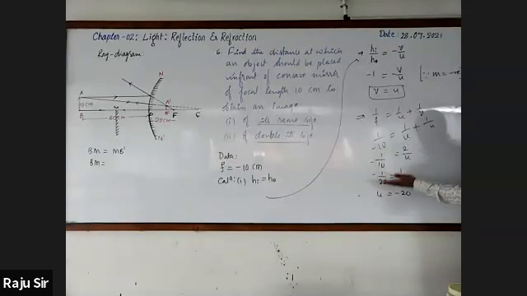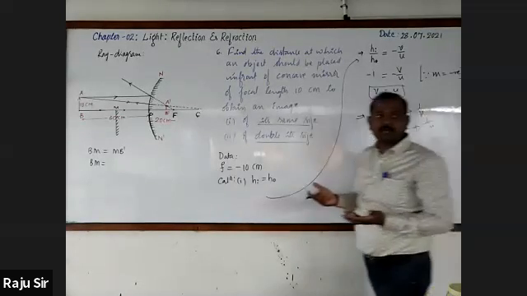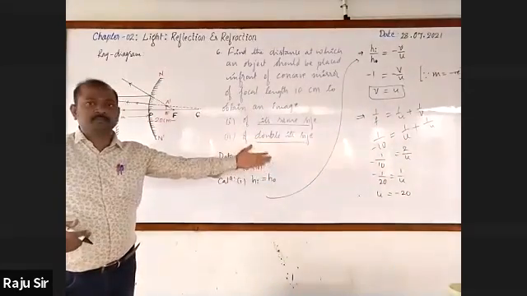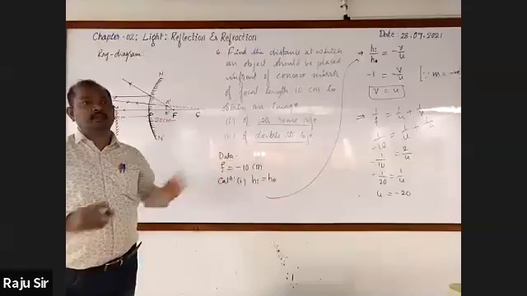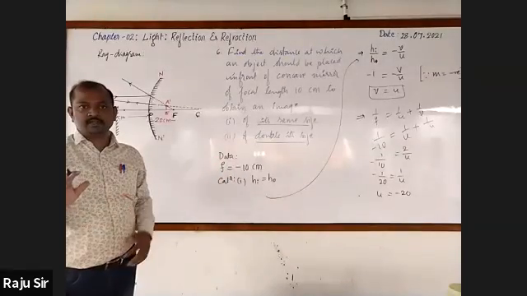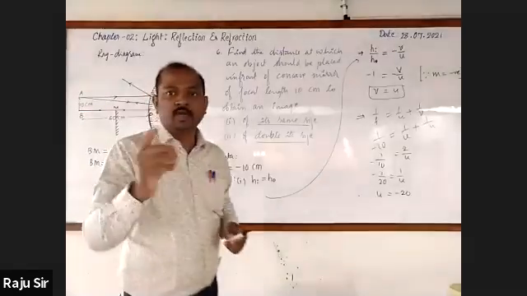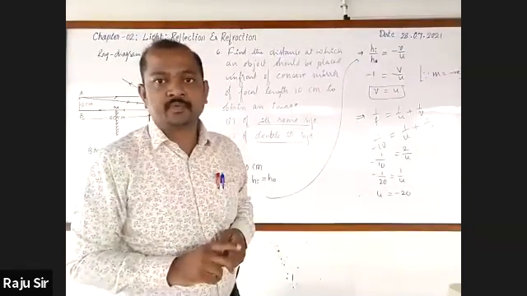Then cross multiplying, it will be minus 1 by 20. Then u is equal to minus 20. Object distance will always be negative. So the object should be placed at a distance of 20 centimeter from the mirror. Is it clear? Any doubt? No, sir.